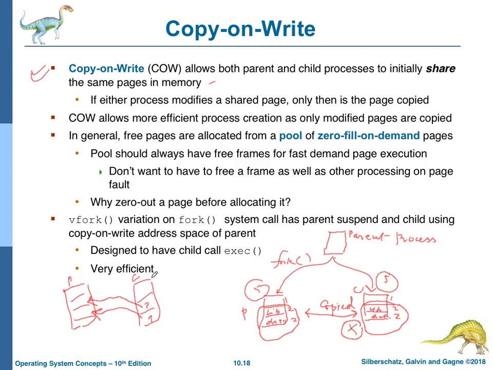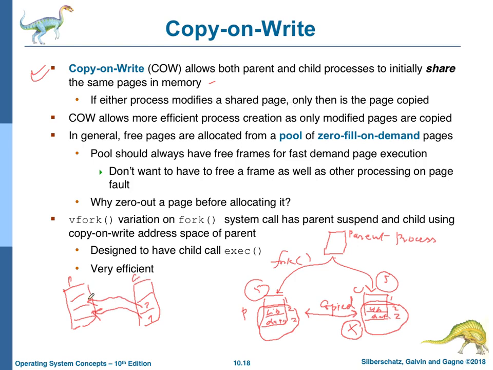This is parent and this is child. So we don't copy the entire process here, but only keep the references to the memory location where these pages are available. Okay, so we don't have the extra burden over the main memory. If either process modifies a shared page, only then is the page copied.